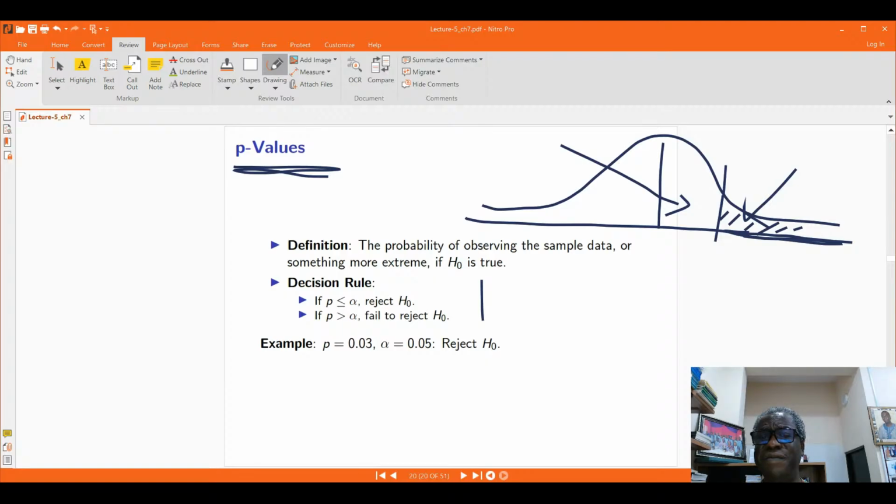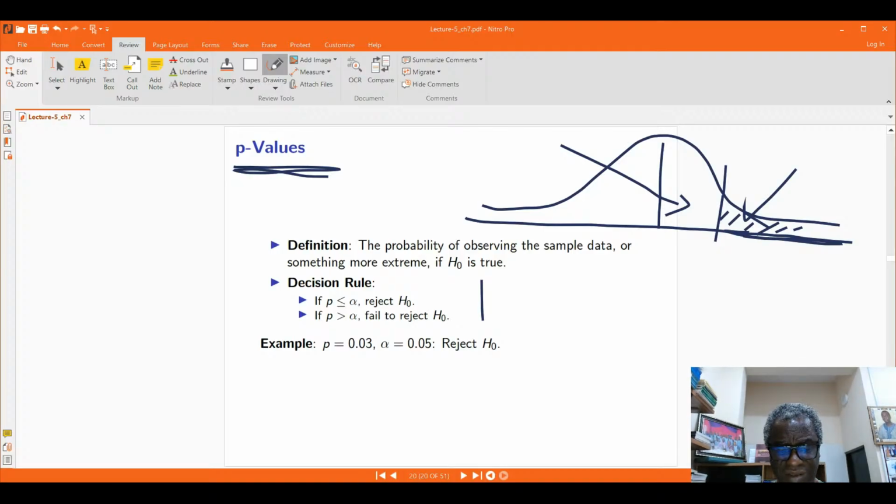But if the p-value is larger, then we should not reject the null hypothesis.